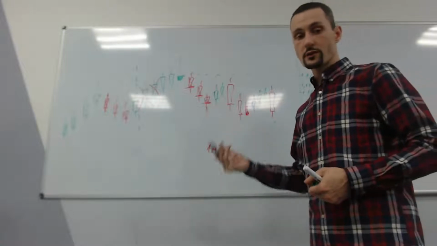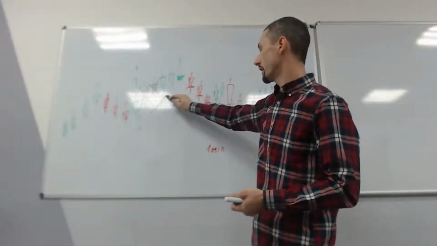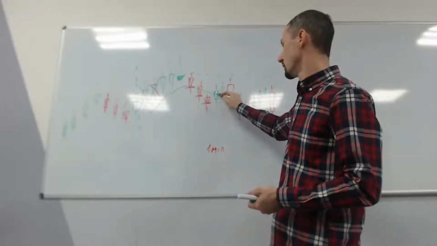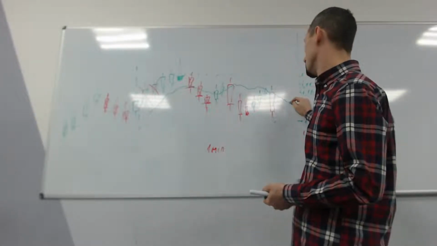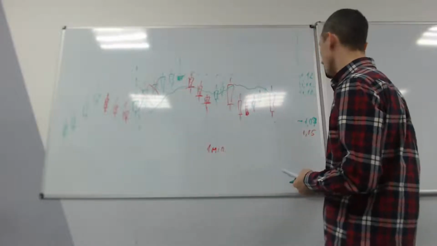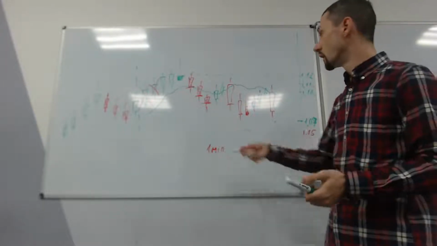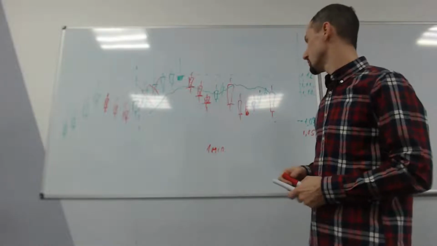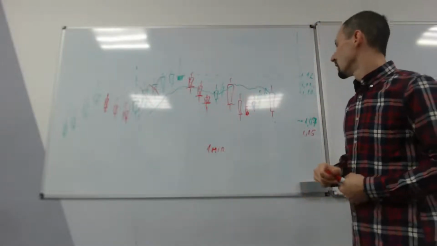Having a moving average on the chart, we will see such a kind of picture. At the particular moment we will see that most of the candles are lower than the moving average. And here is a kind of flat I have drawn.